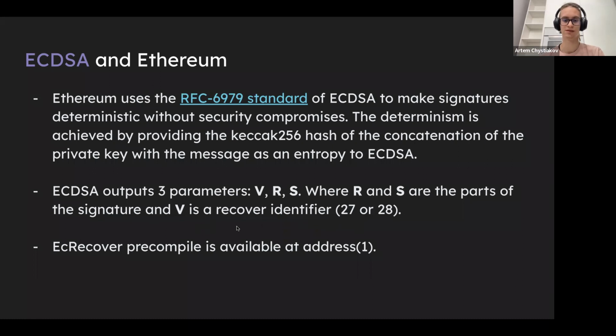These are minor details, but they matter a lot when you are implementing signature verification on smart contracts, and those numbers can become a hassle. Actually, those numbers were simply inherited from Bitcoin, and why are those 27 and 28?